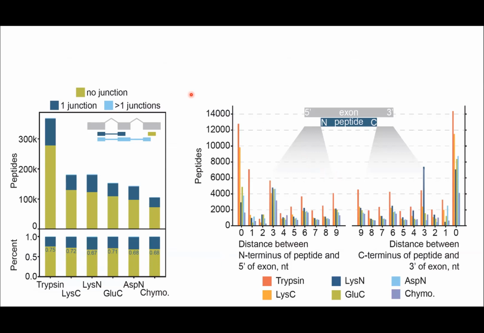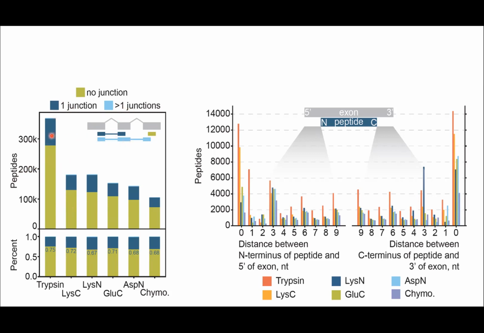So now the question is, to what extent do these splicing events happen on a global scale? So here's some data that Pavel's put together on looking at, as a function of enzyme, how many peptides do we have per enzyme that either tell us about areas where there are no junctions, that's the green, that's the majority, areas that cover one junction, and areas that cover more than one junction.